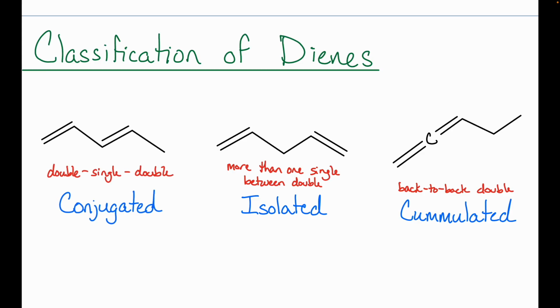And as I said, and as the name of the chapter implies, we're going to focus on these conjugated dienes. They're a very special type of diene when you have that perfect spacing of double bond, single bond, double bond. Okay? So to understand why these are so special, we've got to go back to what we learned about our alkenes, specifically those carbon-carbon double bonds.